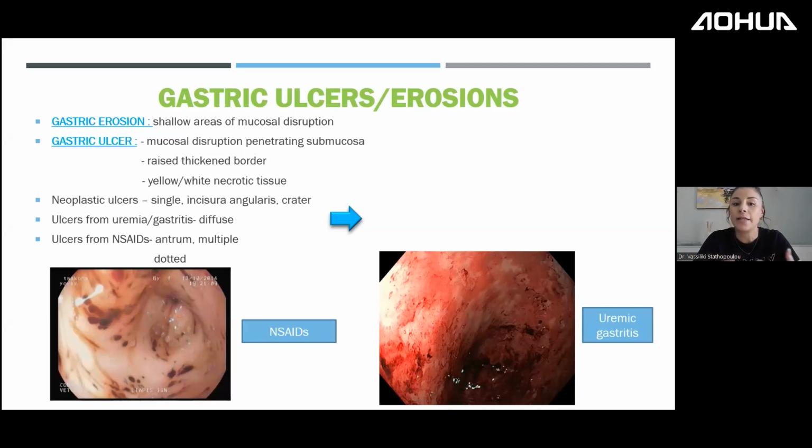Sometimes we can have a raised thickened border, and the ulcer can look like a crater, actually, a volcano crater. And sometimes we might also have yellow or necrotic tissue, and we can differentiate between inflammatory ulcers and neoplastic ulcers, but not microscopically. This is very difficult.